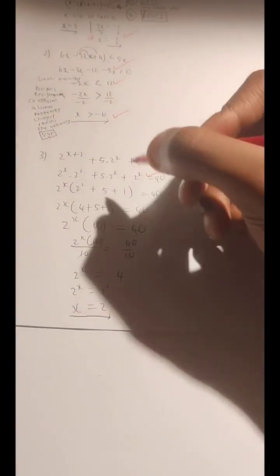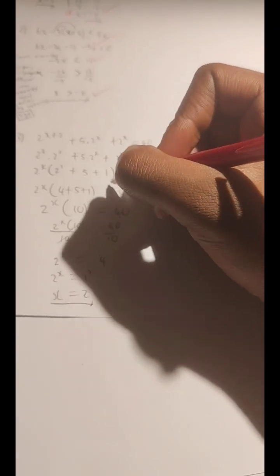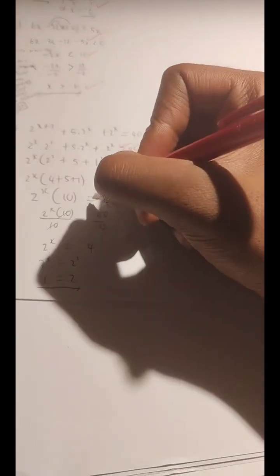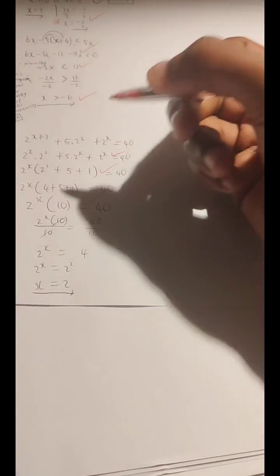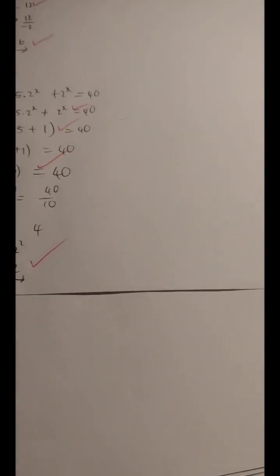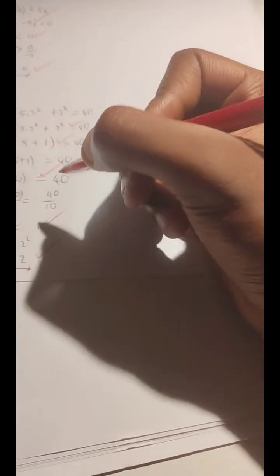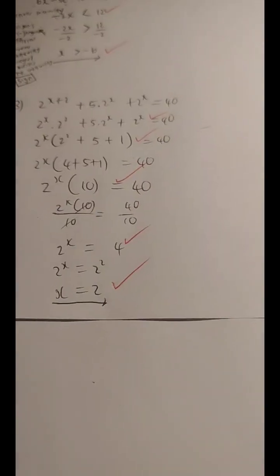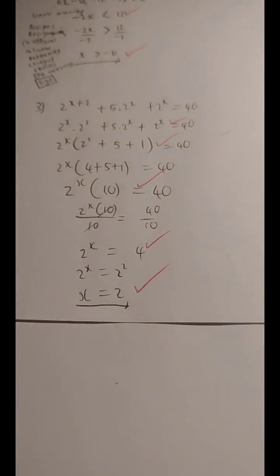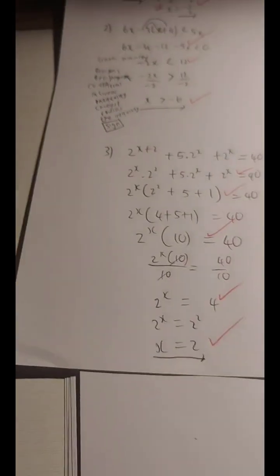Split the base, take out the highest common factor, 2 to the power x, times 10. x is equal to 2. That's 10 marks that would be awarded to our good friend there.